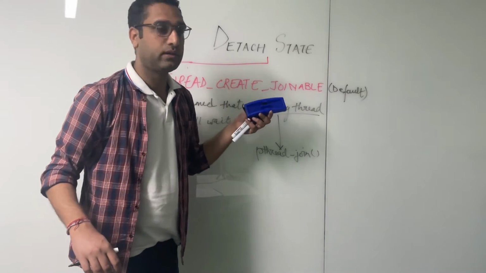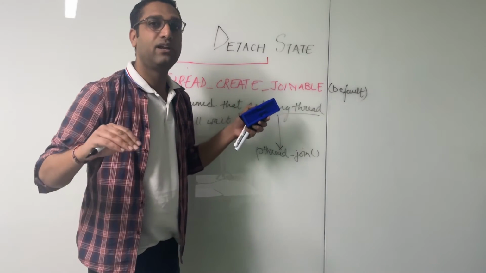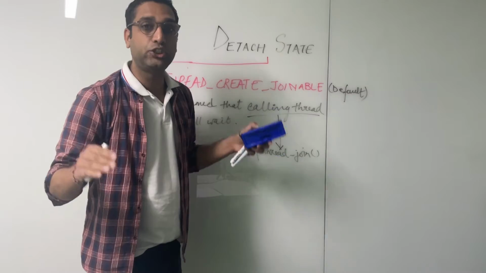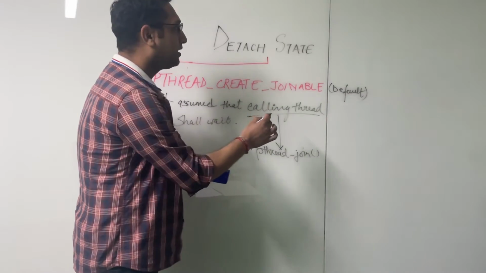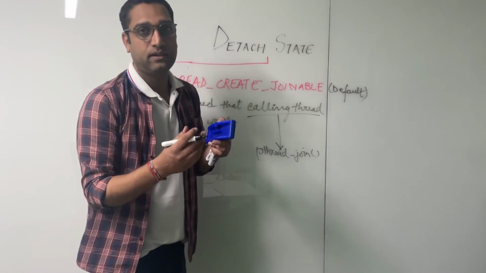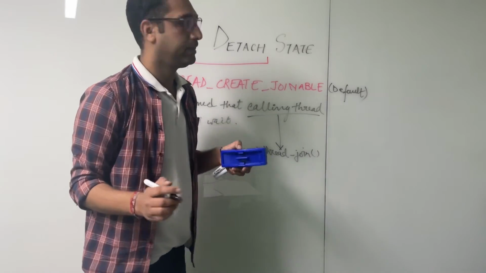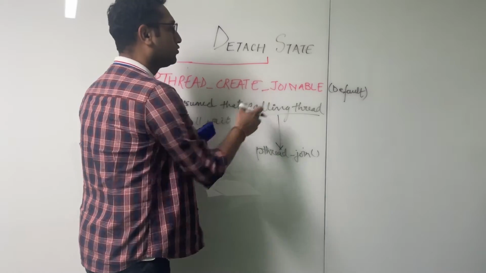I mean, the calling thread will not go out of its own execution unless it has ensured that the spawned thread is done with its execution, in case the detached state is joinable.